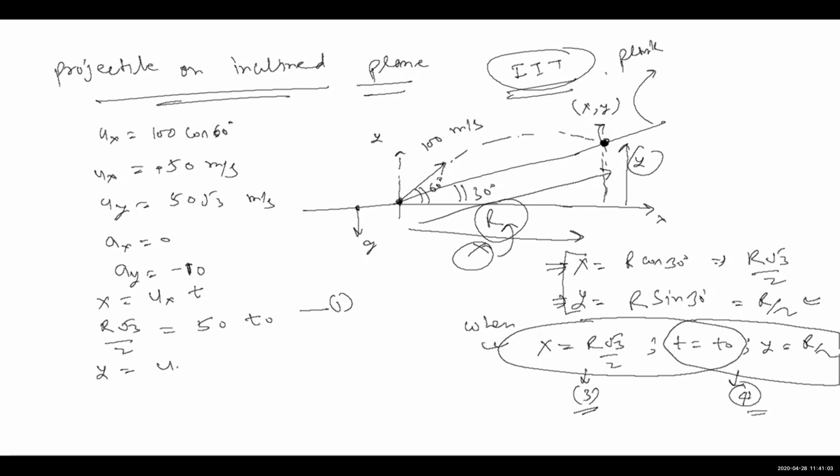Y is uy t plus half ay t square. I'll put these conditions. So R by 2 is equal to 50 root 3 t naught minus half into 10 into t naught square.